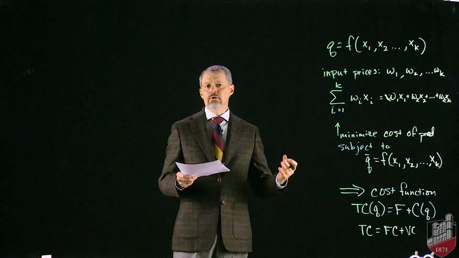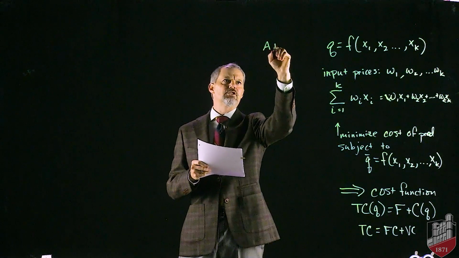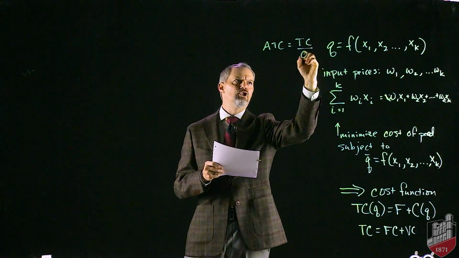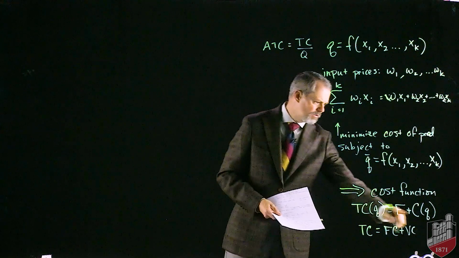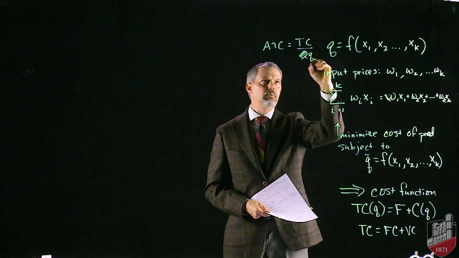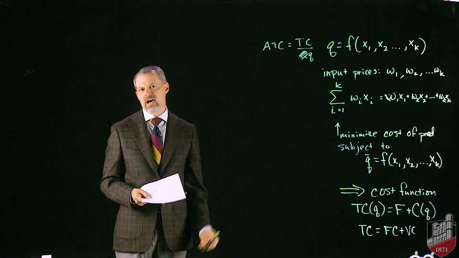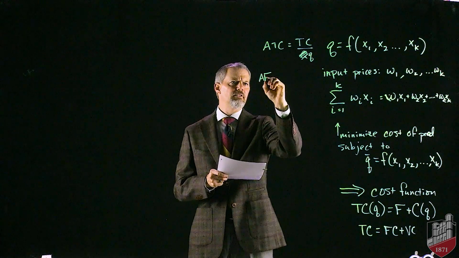There are some measures of cost that we find very useful. So we can think about average total cost. That's just equal to total cost divided by Q. Here I've used little q, so maybe I should stick with that. Total cost divided by little q, the output of the firm. We could think about average fixed cost.